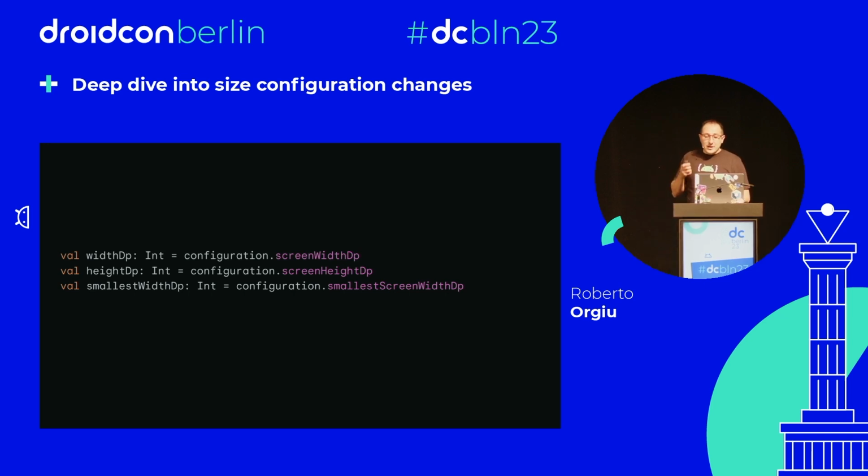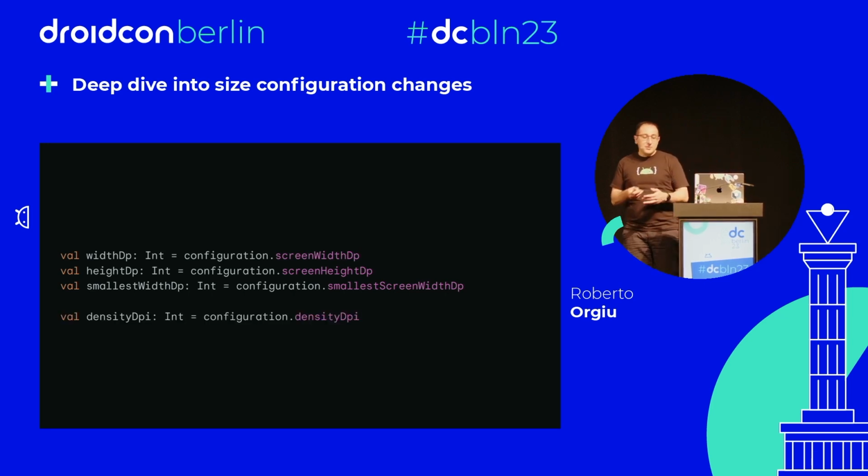Well, this is where configuration.densityDpi comes in, because it returns the integer value describing how many pixels correspond to a single DP. So far, so good. We have integer on one side, we have integer on the other side. But unfortunately, maths doesn't really like us, and it happens that when we do some operations, we end up with a float value.